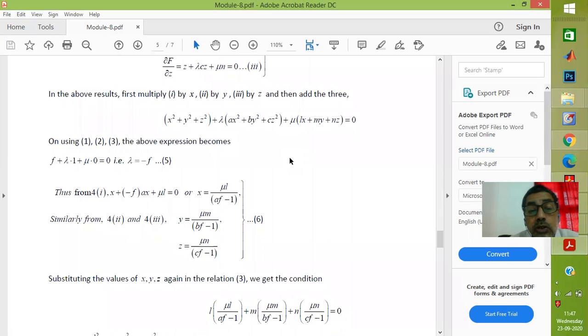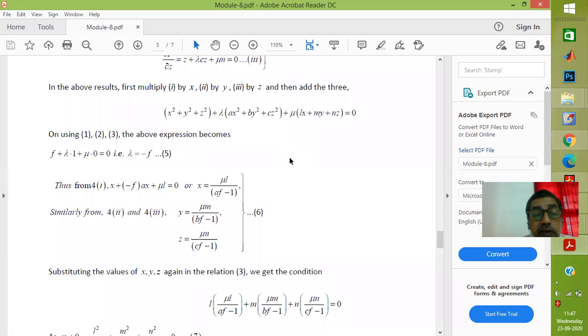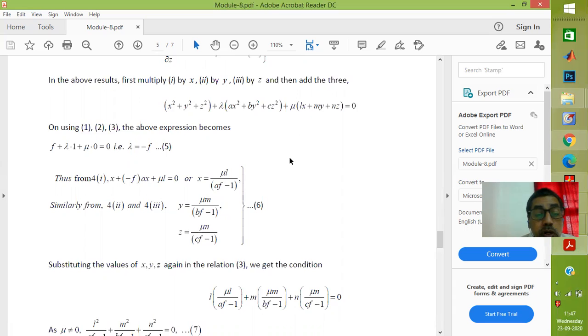is equal to mu times L by (AF minus 1), then y is mu times m by (BF minus 1), and z is equal to mu times n by (CF minus 1).